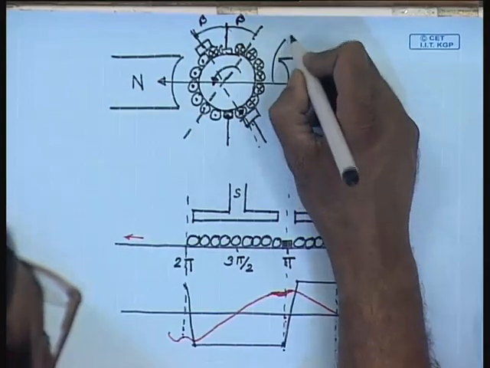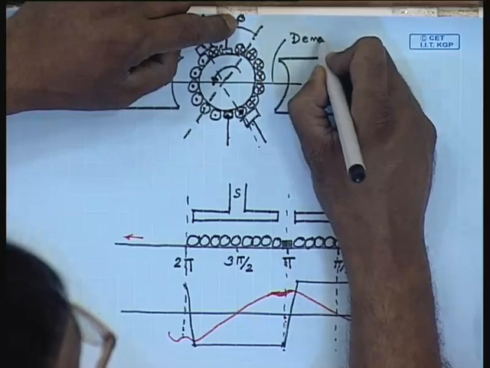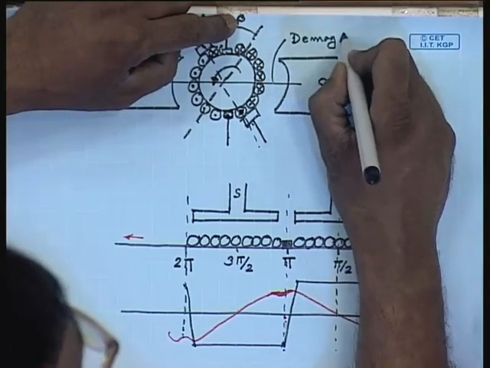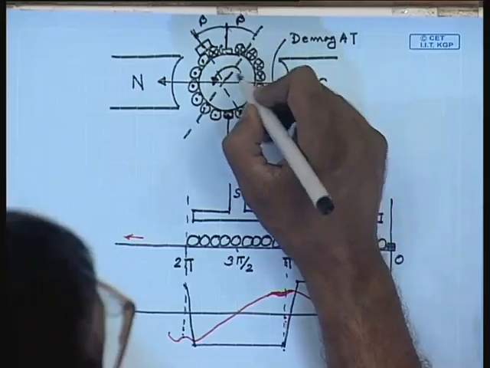This is called the demagnetizing ampere turns. And it is directly proportional to the brush shift given.